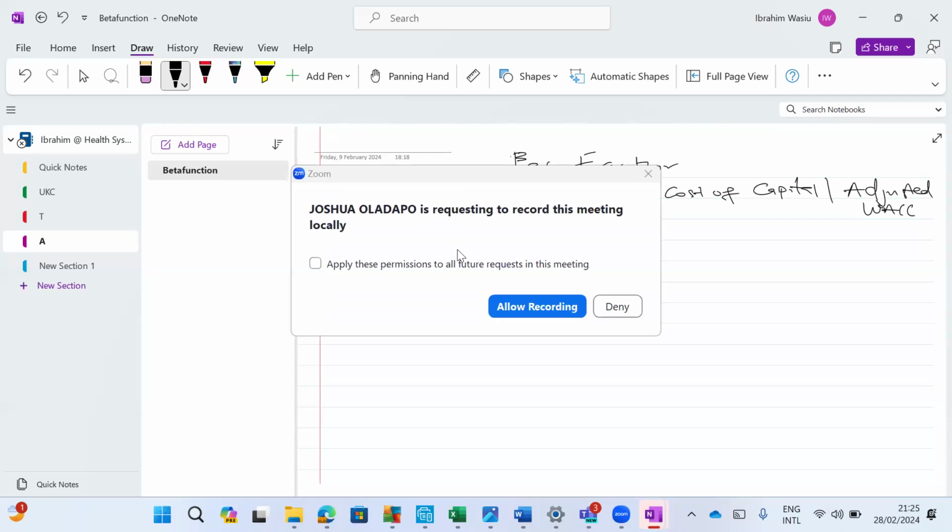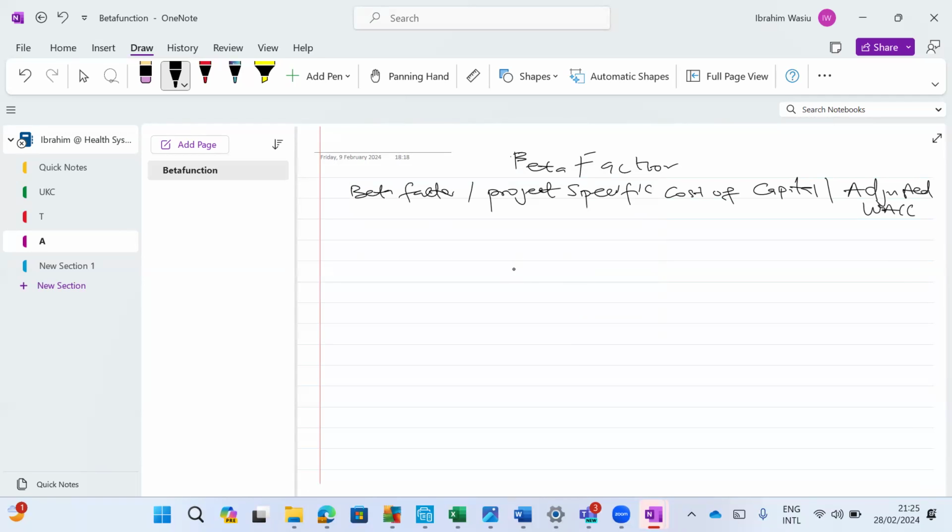The purpose of learning this beta factor, or project specific cost of capital, or adjusted WACC, is when one of the assumptions of calculating WACC is being violated, or when you are diversifying, like when you want to go into a new business, or you want to stop one line of your business.